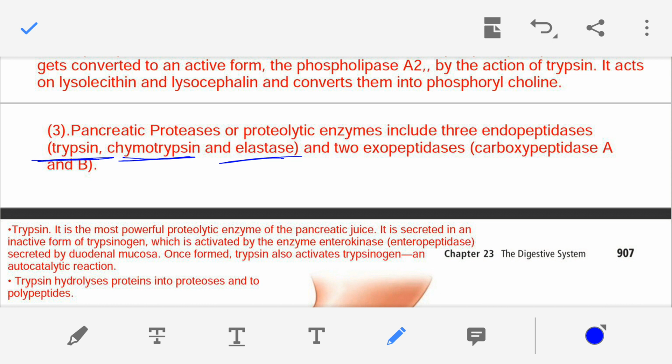And in the pancreatic juice, two exopeptidase enzymes, carboxypeptidase A and carboxypeptidase B.